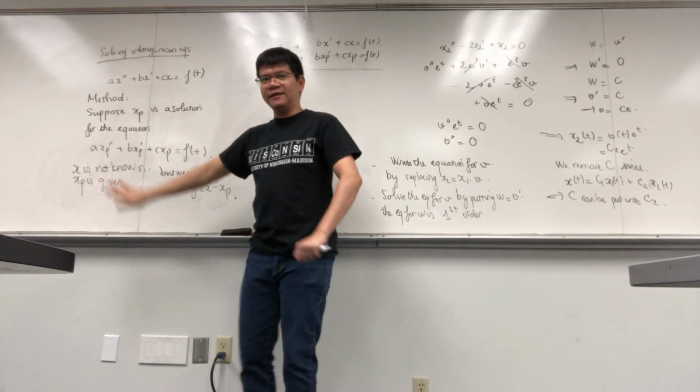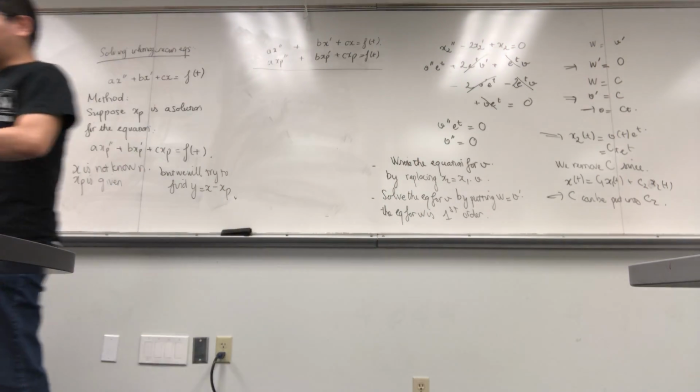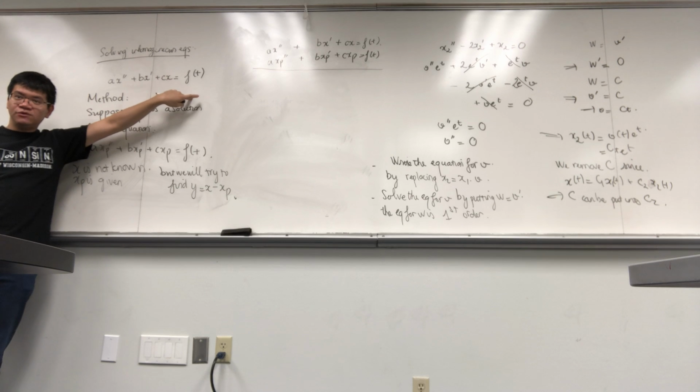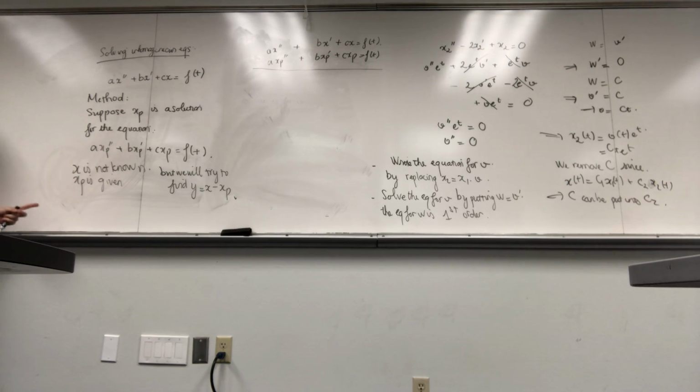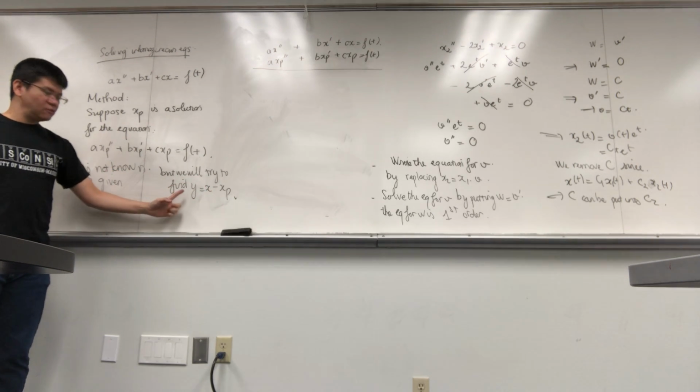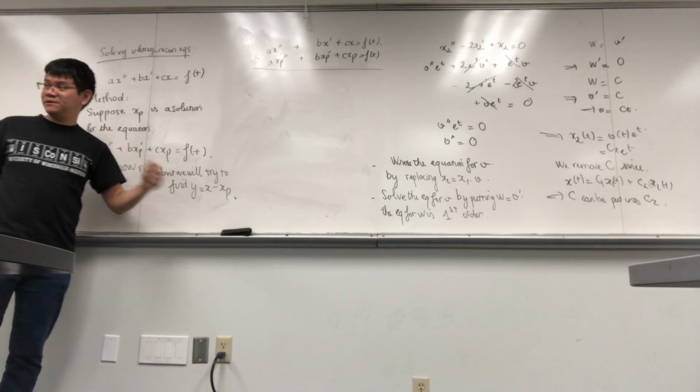So, I explain again. This is an inhomogeneous equation, right? So in the previous class, we know that if we want to solve this equation, and if I give you in advance a solution xp for this equation, so xp is already given, so x is not known, but xp is given, what you have to do is you try to find y, which is the difference between x and xp, right?